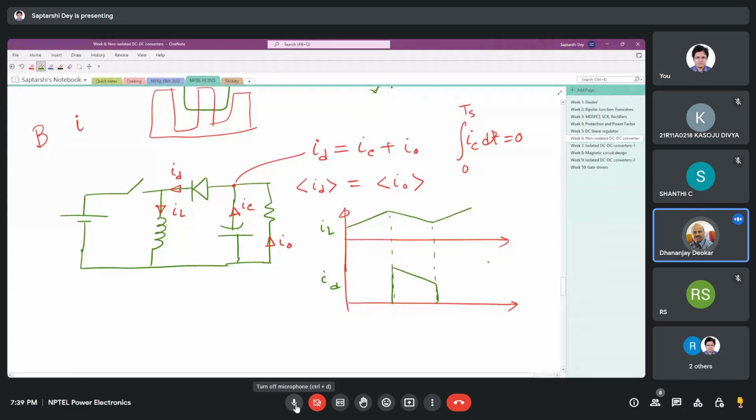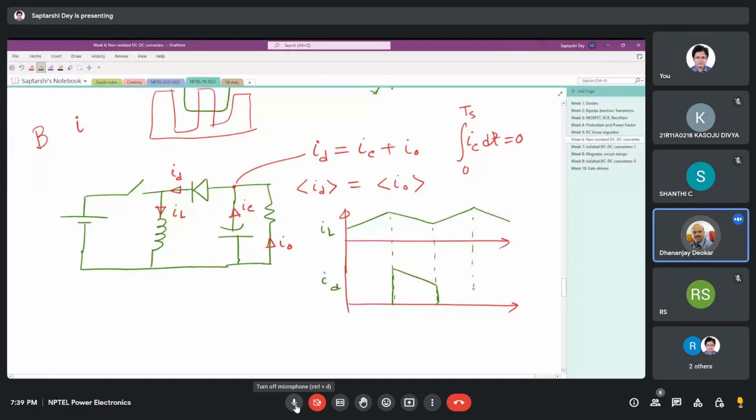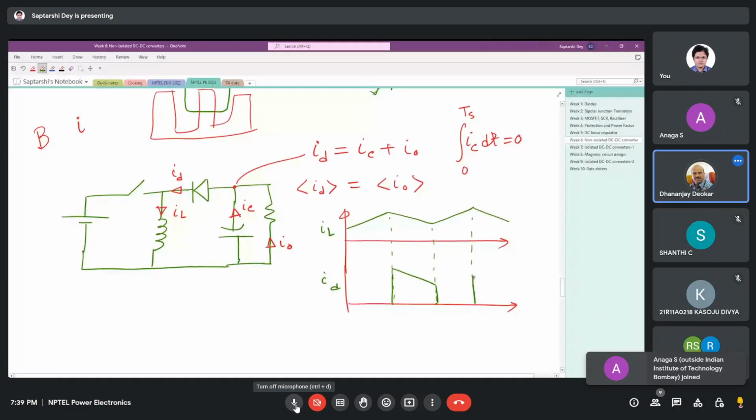We have to modify this IL also. Why should I modify IL? Because sometimes it will flow through IL and other times it will be ID. No, inductor current can never be discontinuous. Okay, fine, we are talking about CCM. Inductor current is like this.